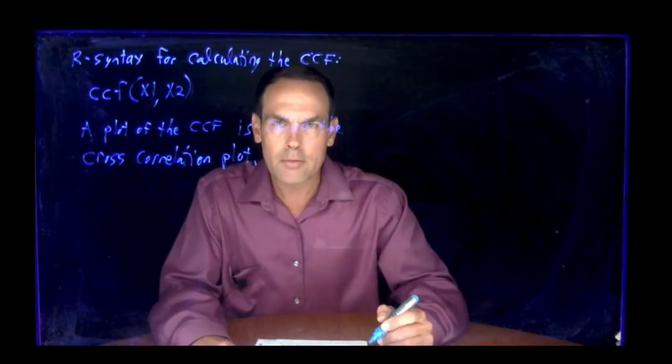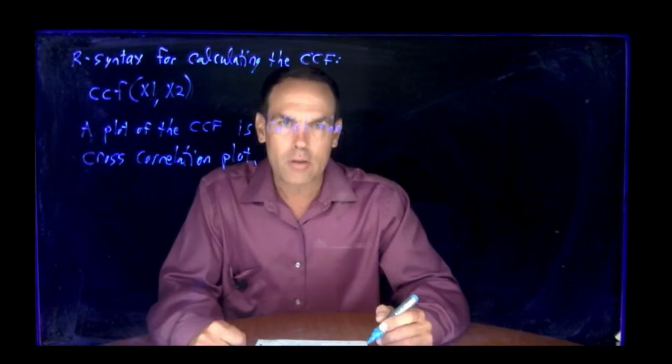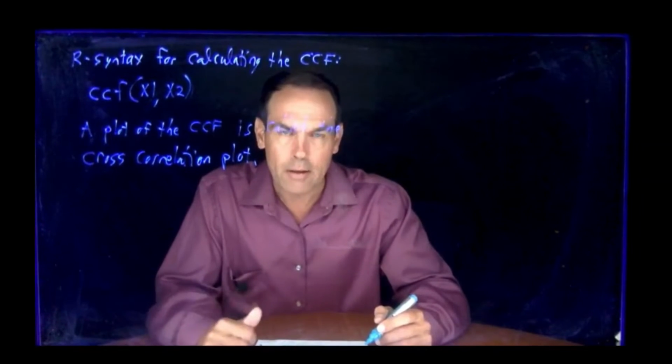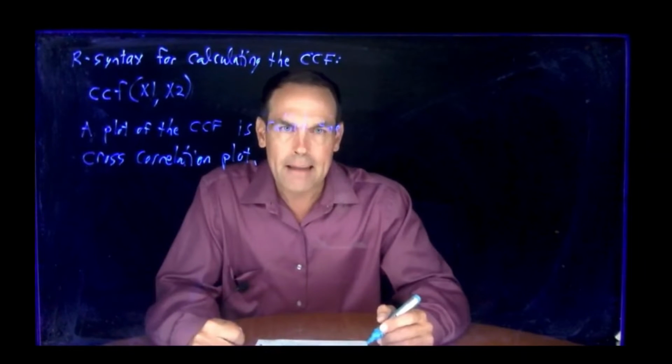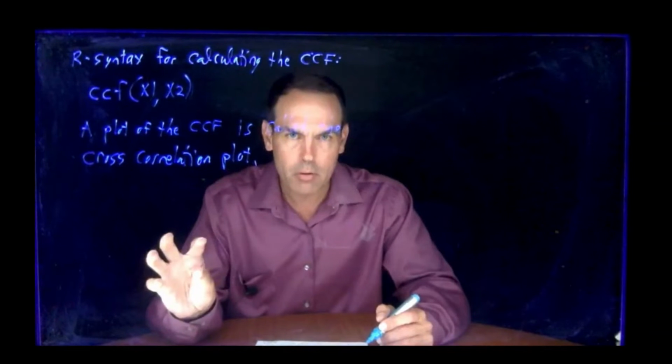Now, one last thing before we close here. It's very important to realize that R calculates the cross correlation function the very same way that we've defined it. And that is that the time shift happens on the first variable.